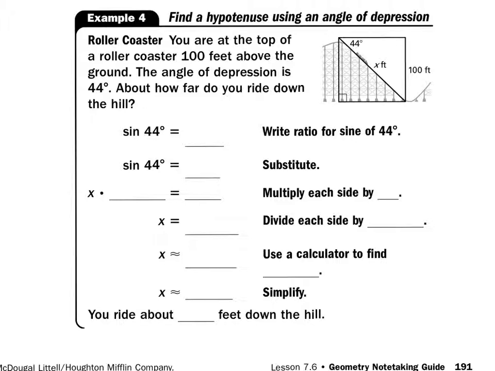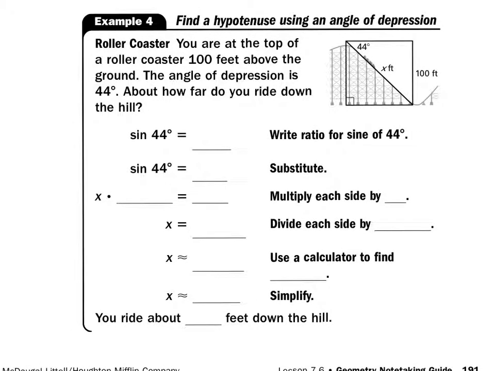So, remember the angle of depression is your eyes looking down at something down here in a horizontal line. So this would be called the angle of depression. So the sine of 44 is opposite, which is the 100, over the hypotenuse, which is the x.